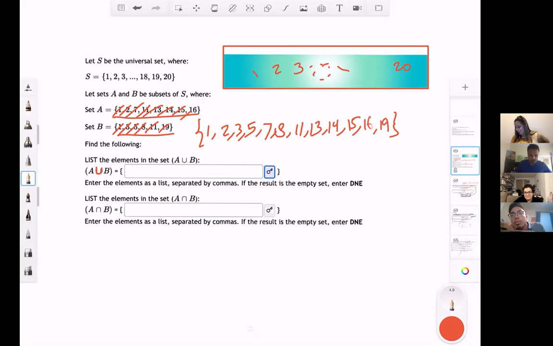Another question is, what is the intersection? Intersection, wow, I don't know what is A right now.